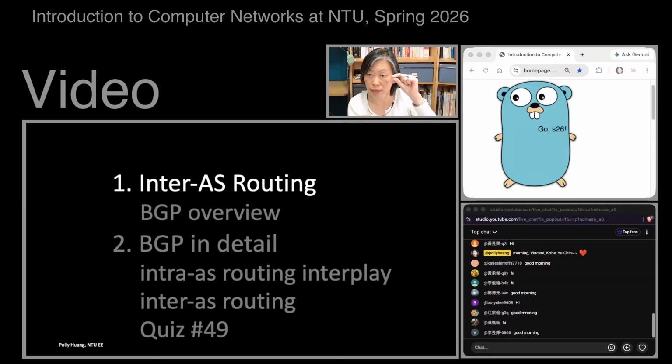Therefore, the index in the vector is the network prefix of a domain. And then of course you send the attributes for the BGP routers to determine whether to import or export the routes, the policy. But the attribute is no longer just the minimum cost; it's now the path vector.